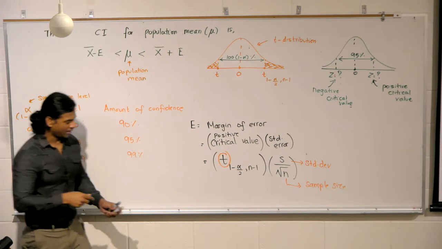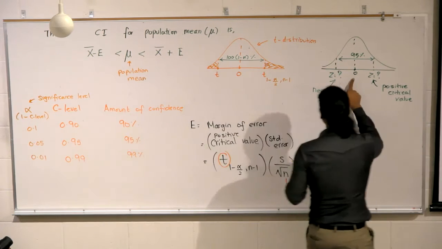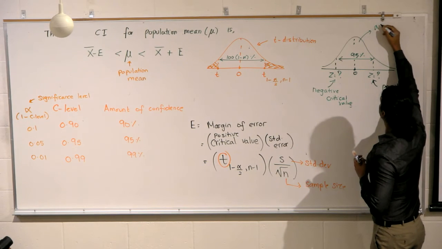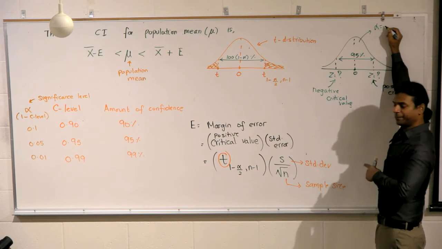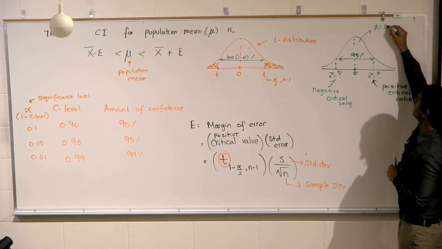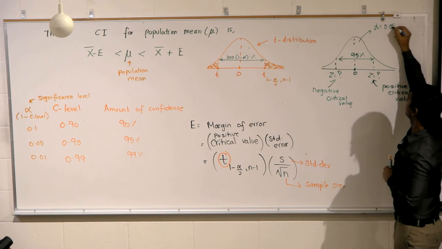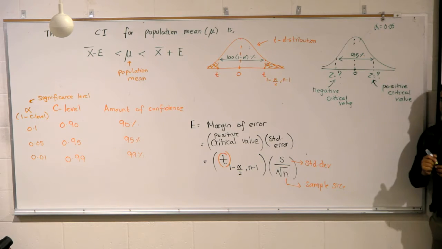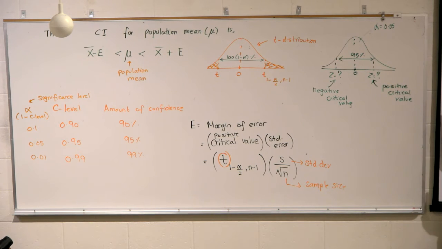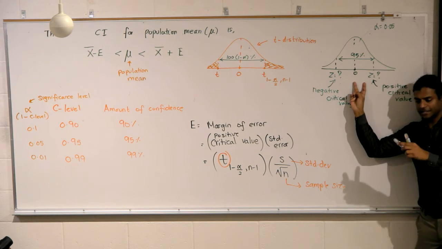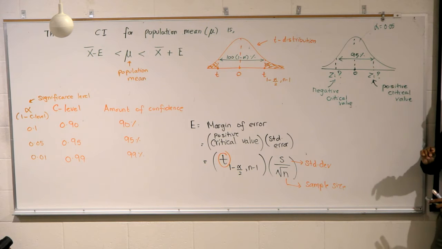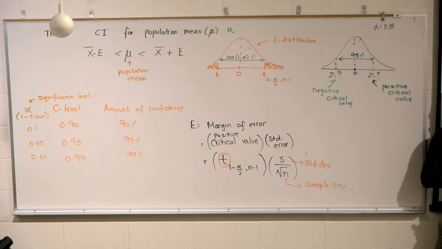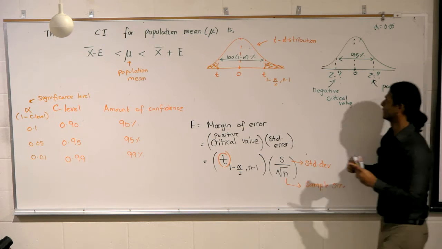Difficult to see. How about this? 95% corresponds to an alpha of what value? 0.05. This is the 0.05 case. If 95% is in the middle, what percent lies on each tail? 2.5%.